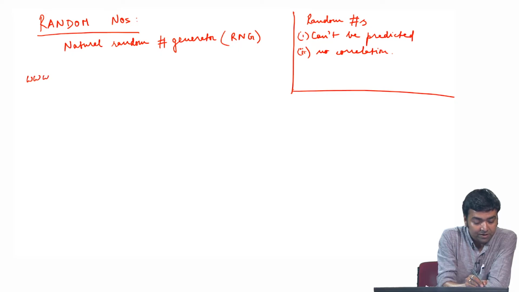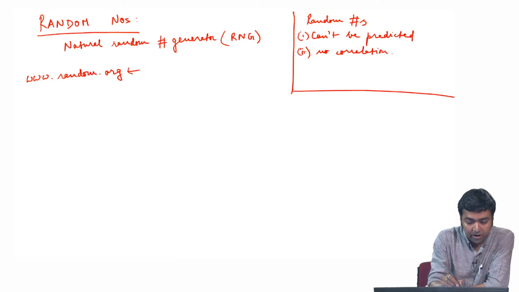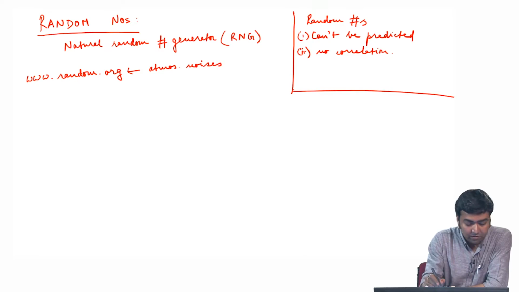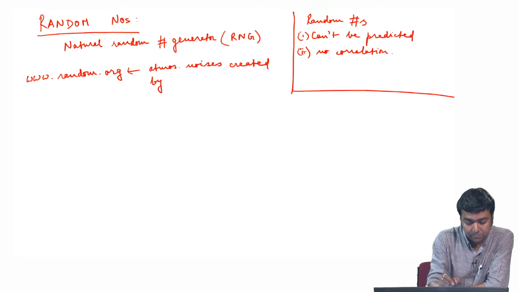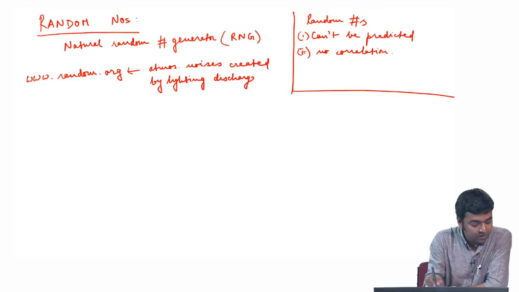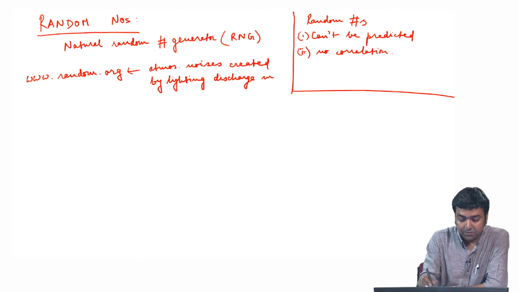One is www.random.org. This is based on atmospheric noise created by lightning discharge in thunderstorms.